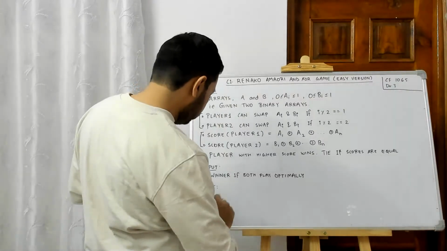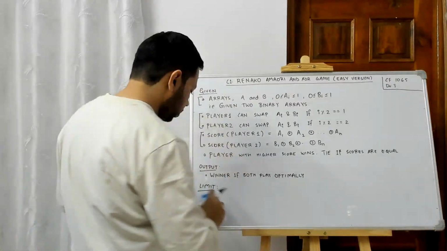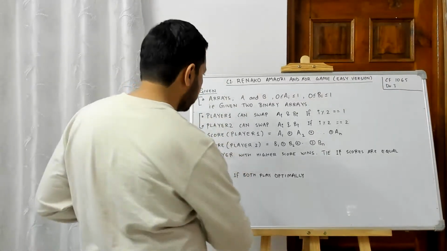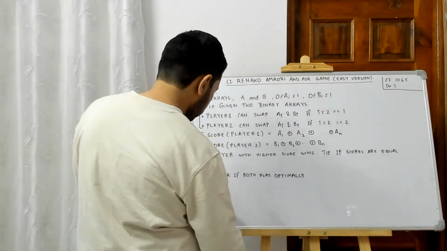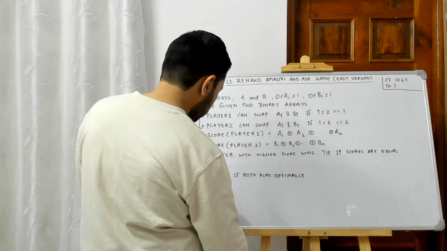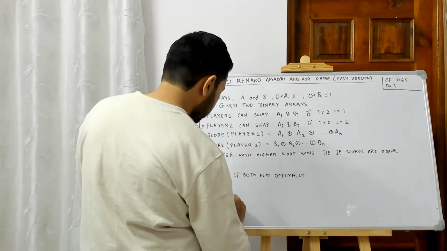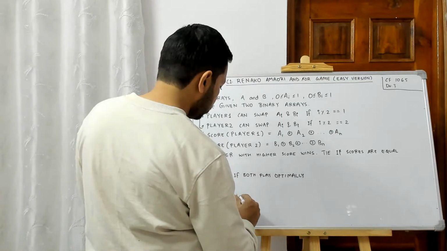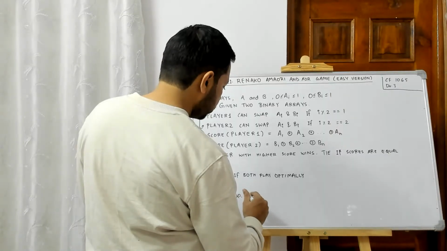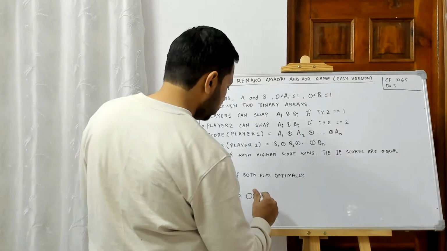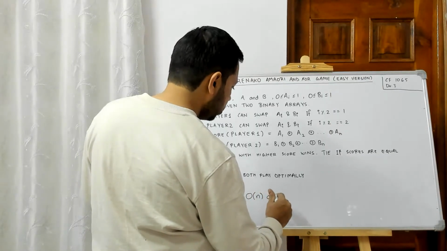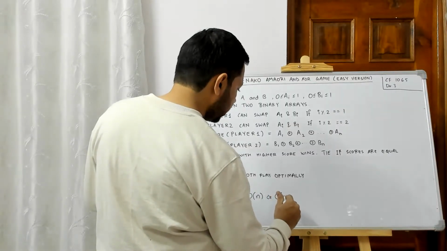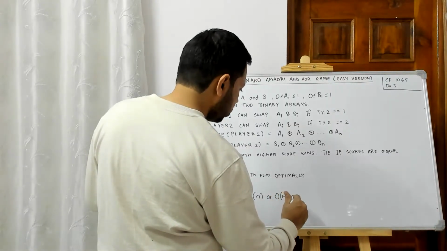Here n is the length of A and B, n is less than 2 into 10 to the power 5. What it means is you are looking for a solution in O(n) or O(n log n).